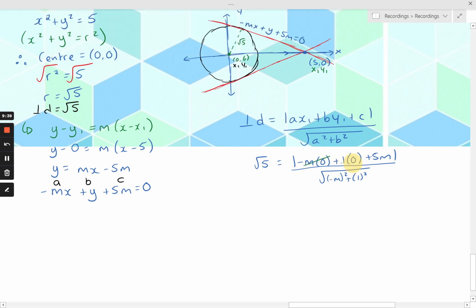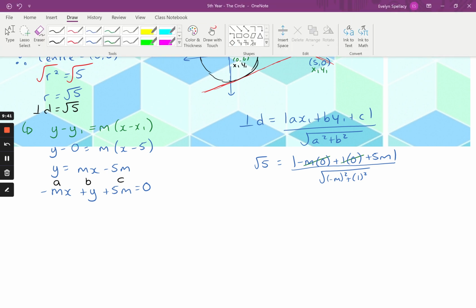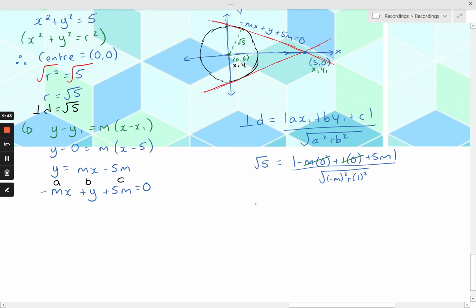So first of all, these two are going to give me 0 because anything by 0 just gives me 0. So I get the square root of 5 is equal to the modulus of 5m all over the square root of m squared plus 1. Okay? So now what I'd see here is that I have the modulus of the square root of m squared plus 1 on the bottom.